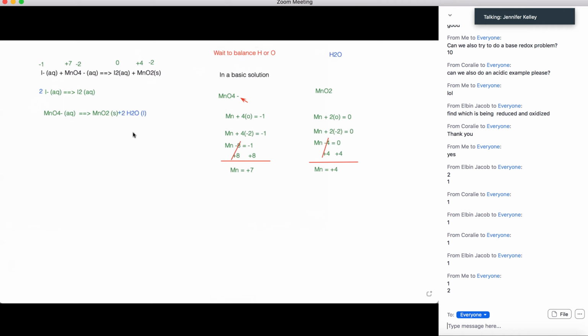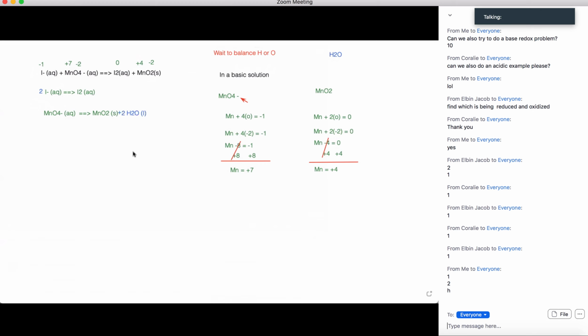But what is not balanced now? The hydrogen. I have 2 hydrogen on the right and 2 hydrogen on the left. I'm going to put it down here to balance hydrogen, put H plus on the other side. Okay.